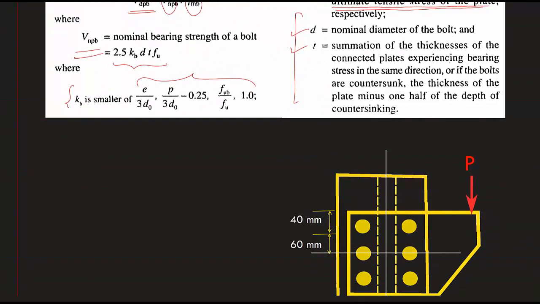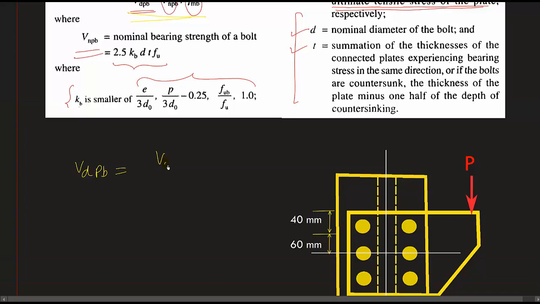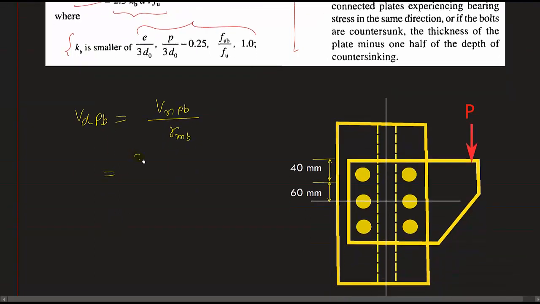So we can write that Vdpb is equal to Vnpb divided by gamma mb, and Vnpb is nothing but 2.5 times Kb times d times t times Fu, divided by gamma mb.